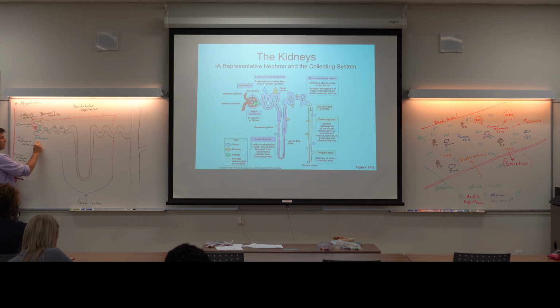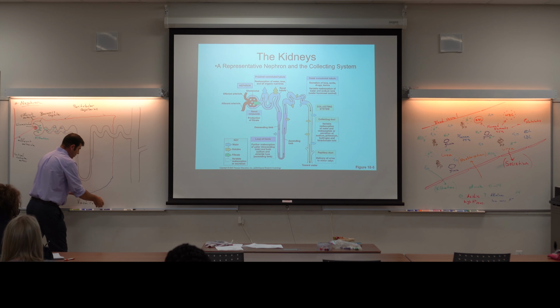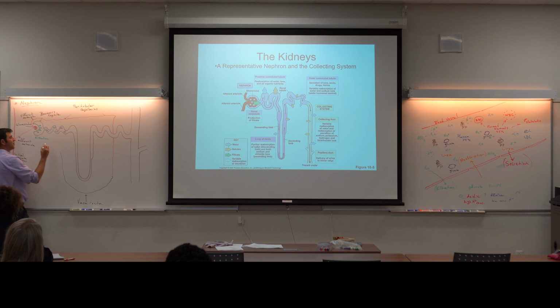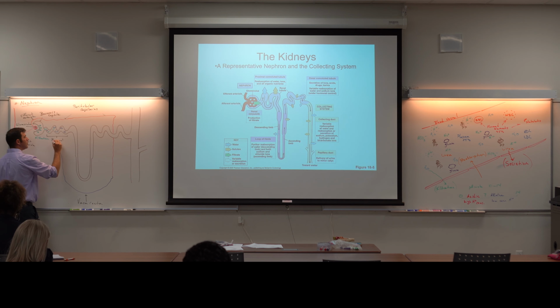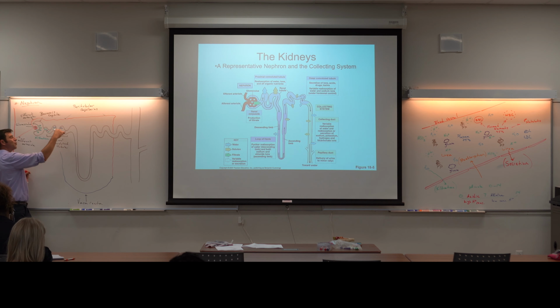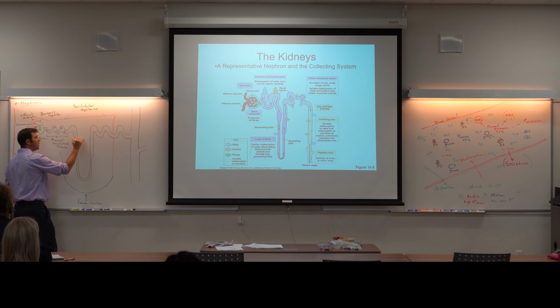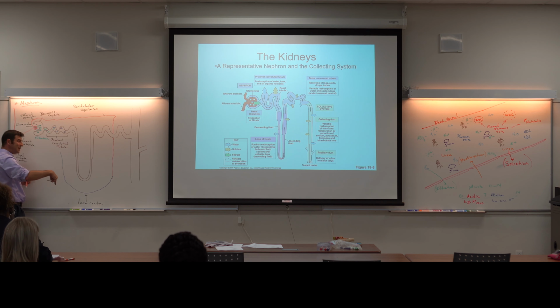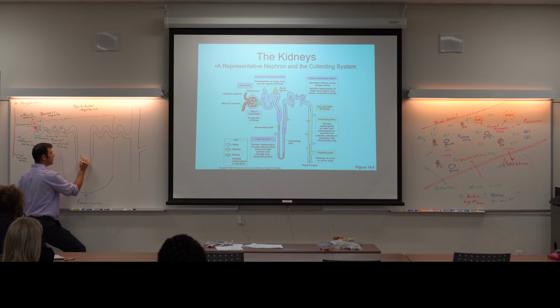Anything that's small enough to make its way through those little pores is going to make its way into the first part of the nephron, which I'm realizing we haven't labeled on here yet. So this part, from here to here, is going to be our proximal convoluted tubule. If we ride through this proximal convoluted tubule, at the end of it, it makes a deep dive down what we're going to call the loop of Henle.